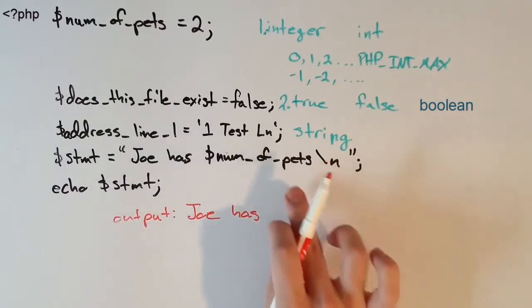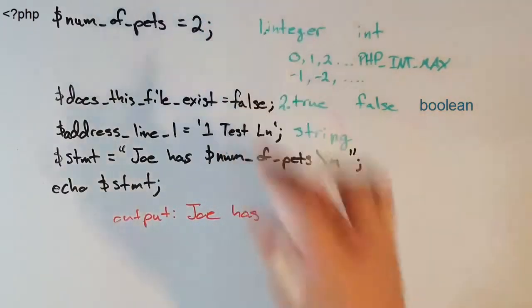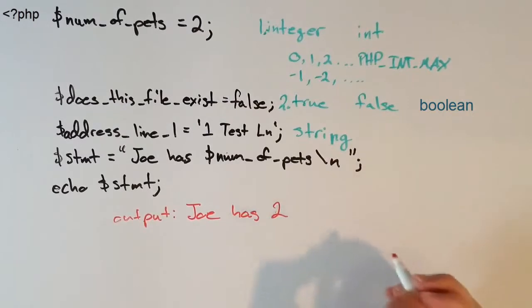And it'll go, well, what's the value of num of pets? Well, it's 2 up here. Joe has 2, and I didn't put the word pets, so I'm going to do a little improvising here.